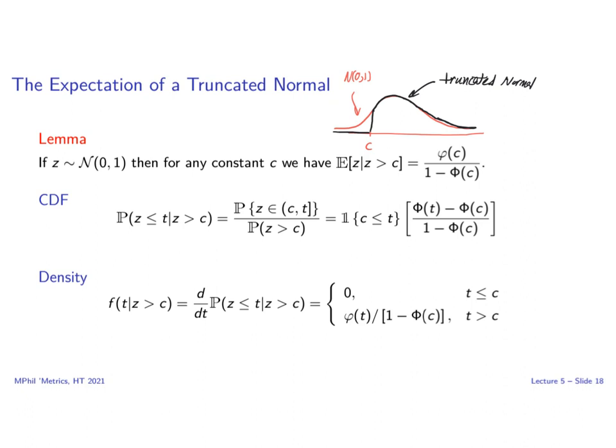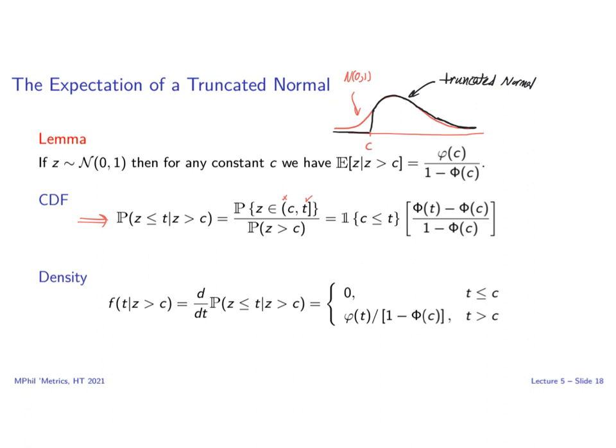By the definition of conditional probability, the probability that z is less than or equal to some threshold t, given that it exceeds the constant c, is equal to the probability that z lies in the interval c to t, excluding c and including t, divided by the probability that z is greater than c.